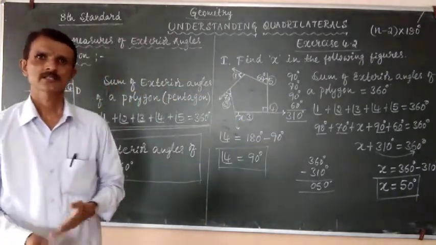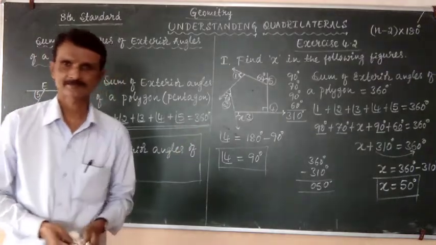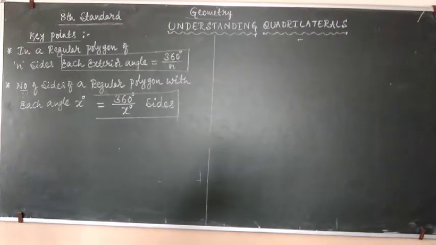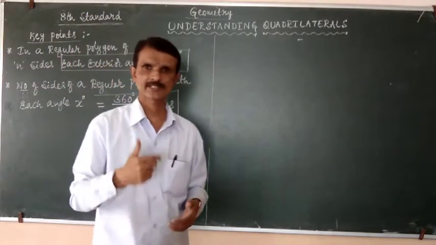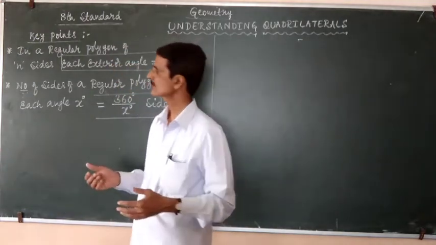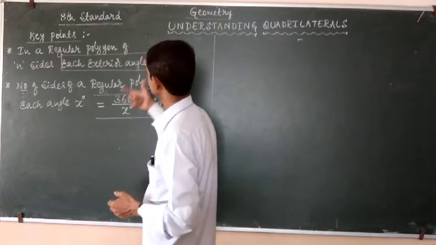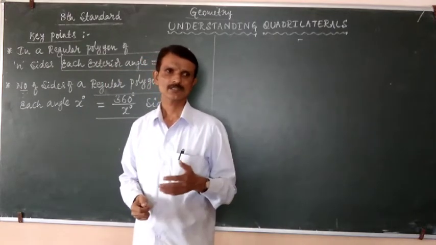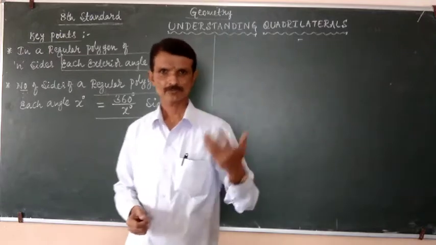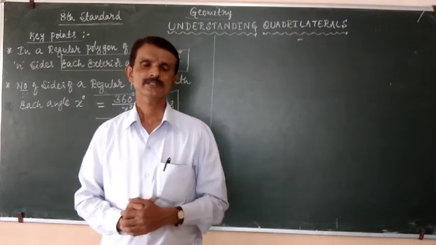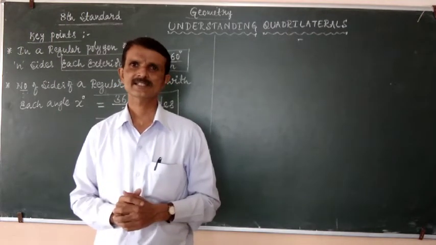Okay students, now we shall see the next main problem. In the next main, we are going to find each exterior angle. In a polygon, we know that the sum of the exterior angles is always 360 degrees.